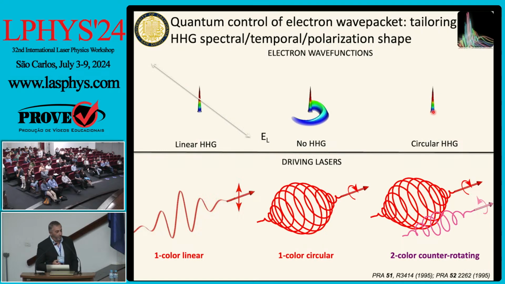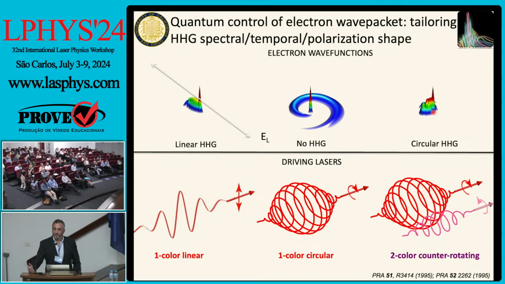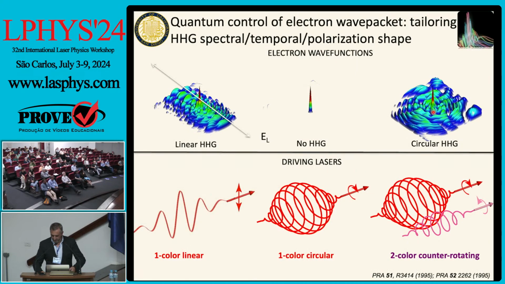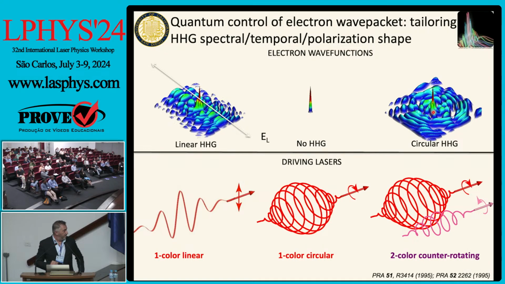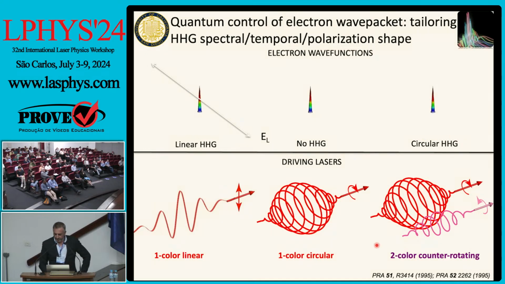The exciting thing about this regime is the actual attosecond control of the electrons, which allows us to transfer spin angular momentum from the drivers onto the generated X-rays.